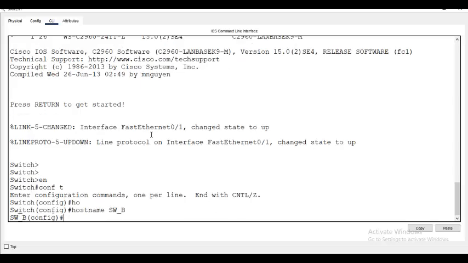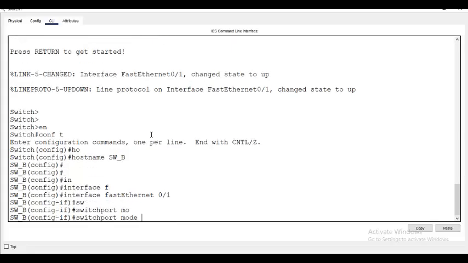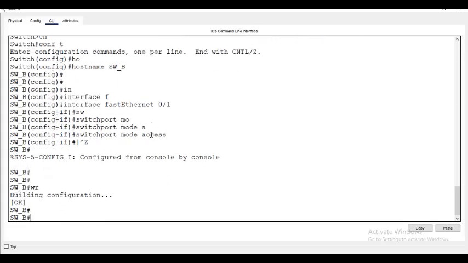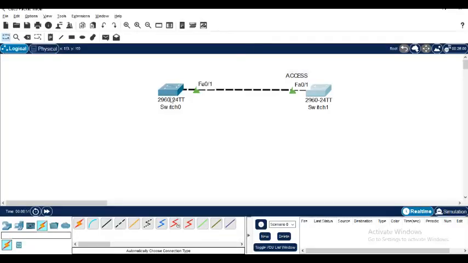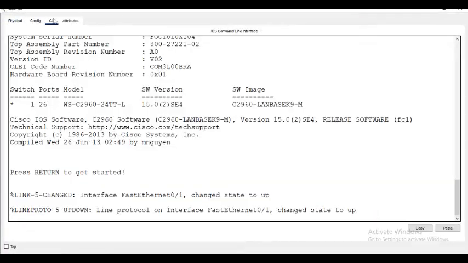Let's verify now. Show interface trunk. No trunking. Why? The negotiation will not be successful. Show interface F0/1 switchport. It is still access only because the other guy is not supporting.